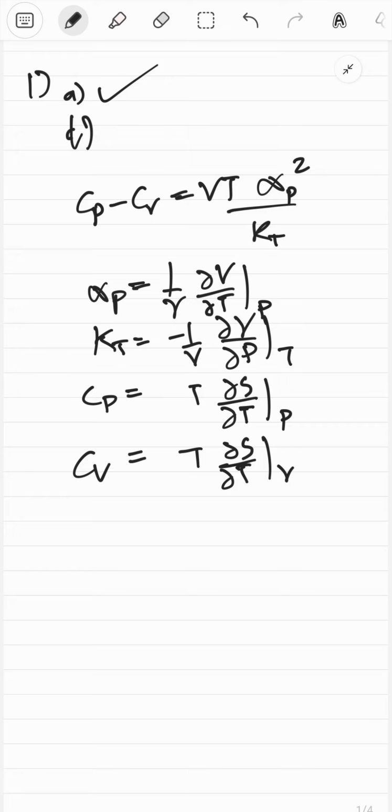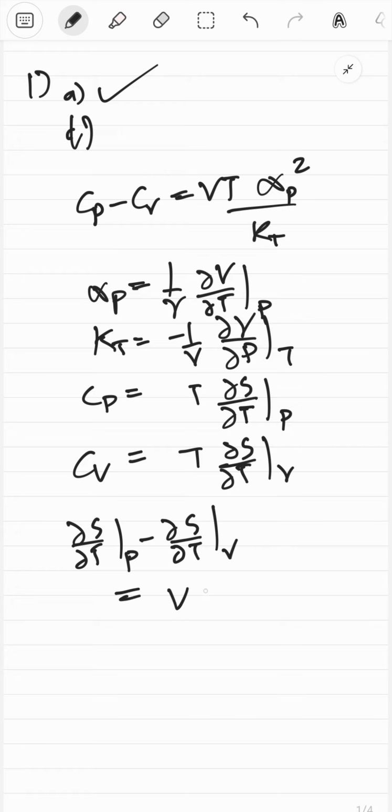Yeah, so essentially what we sort of want to prove is partial S by partial T at constant pressure minus partial S by partial T at constant volume, that's equal to V and all of this stuff. So alpha P is this 1 by V squared, okay, and Kt will have a negative 1 by V, so this whole thing could just be taken as negative, and so that V just cancels essentially.